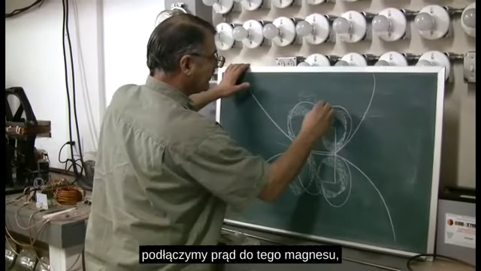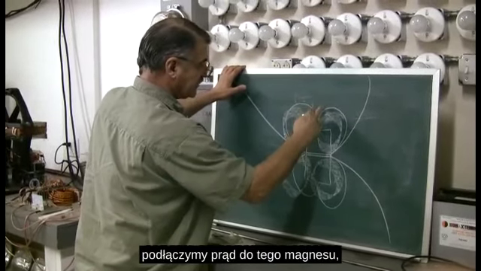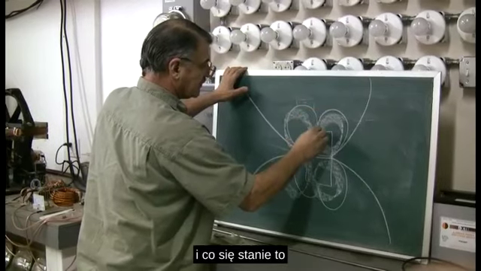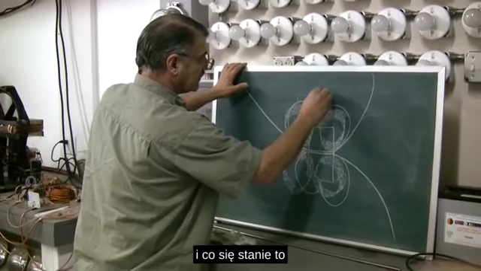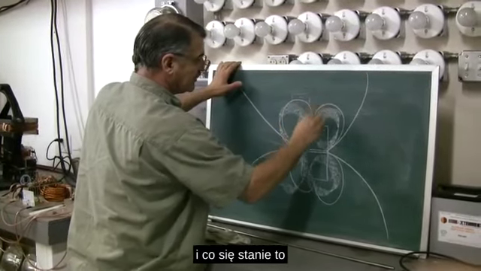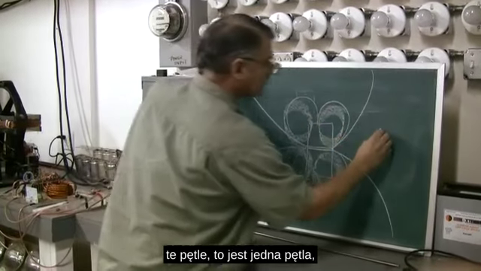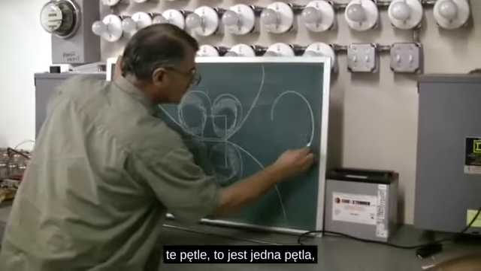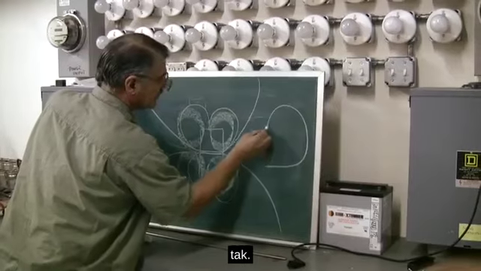So what's happening is we're putting a current on this magnet, and what's going to happen is these loops, this is one loop, like this.